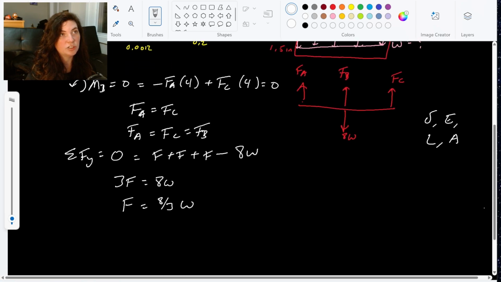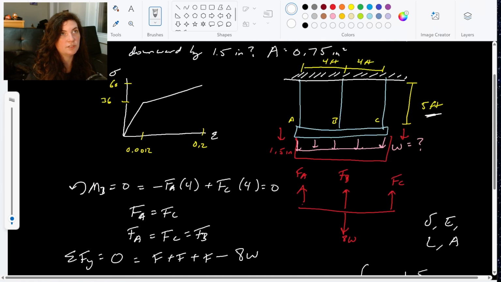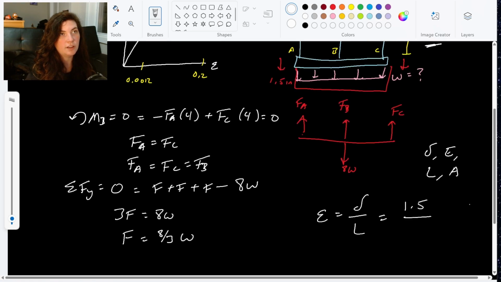So with that information, I know my strain equation, that displacement over that initial length. 1.5 over that initial length is 5 feet. 5 feet in inches is 60 inches, right? 5 times 12 is 60. So I have 1.5 over 60, punch that in my calculator. I get 0.025 inches per inch.